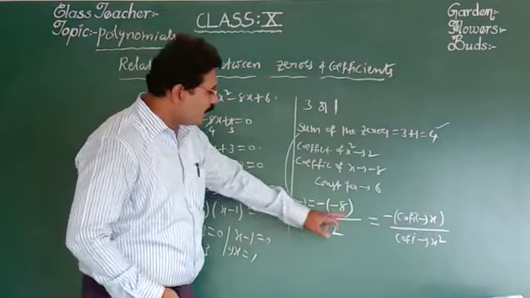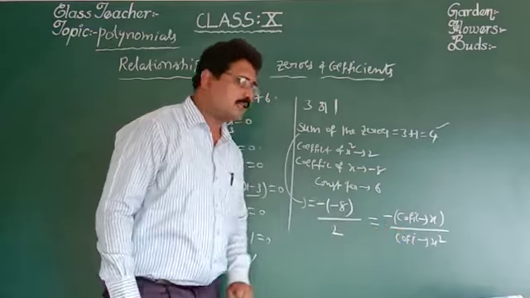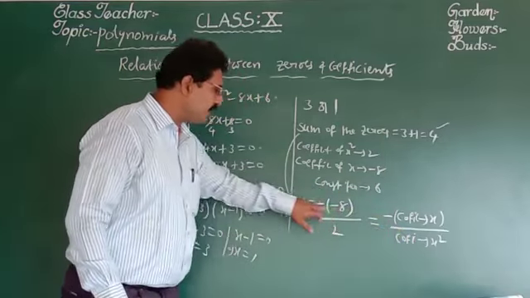If you want to turn it into minus coefficient of x by coefficient of x square, that is minus.